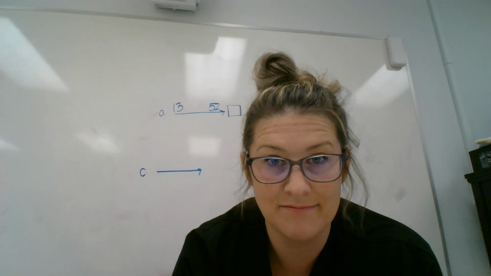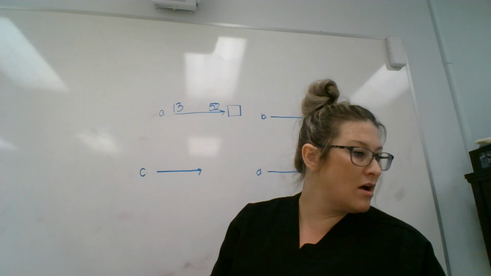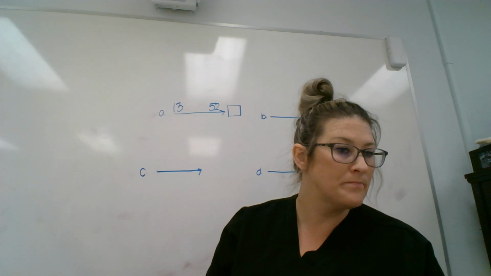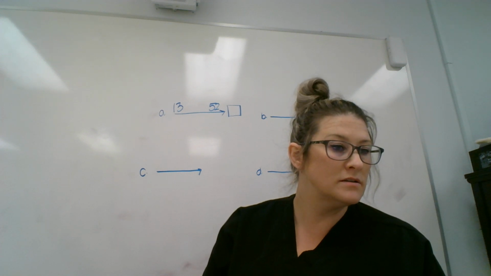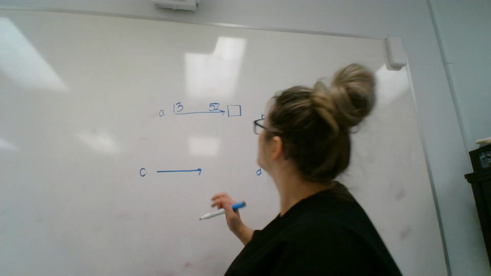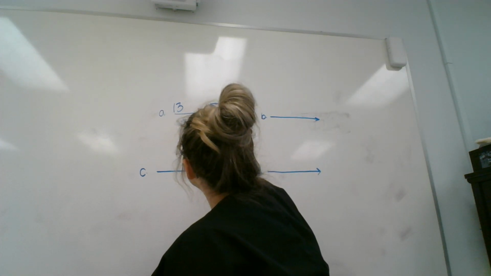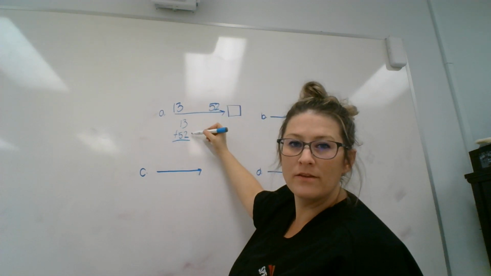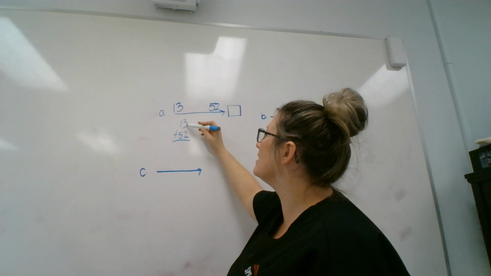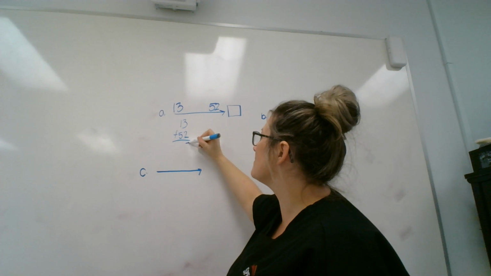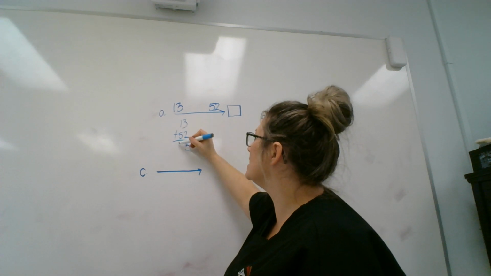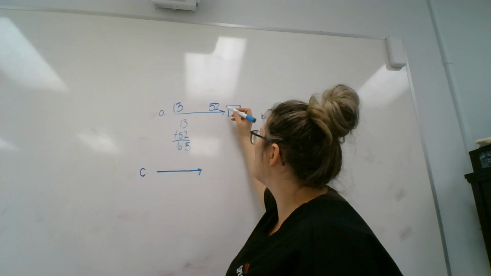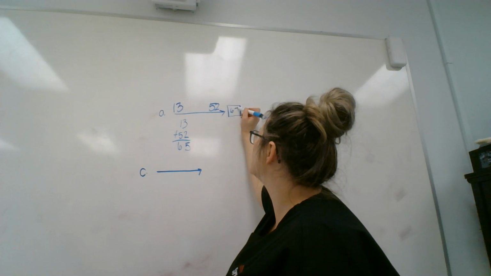We're going to add. Let's see, 13 plus 52. 3 plus 2 on your number line, 3, 4, 5. 5 plus 1 is 6. So my missing number here is 65.